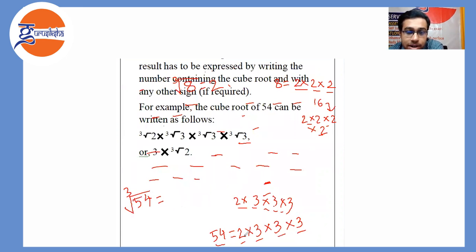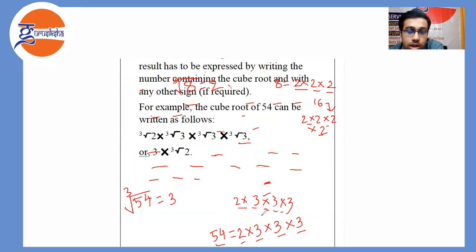The prime factors are 2, 3, 3, 3. To calculate the cube root of 54, we write it like this, as discussed earlier. I'm really sorry, 3 has occurred thrice and 2 has occurred only once.